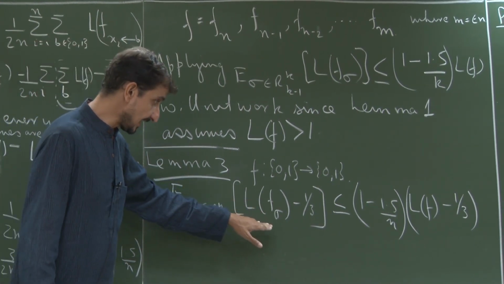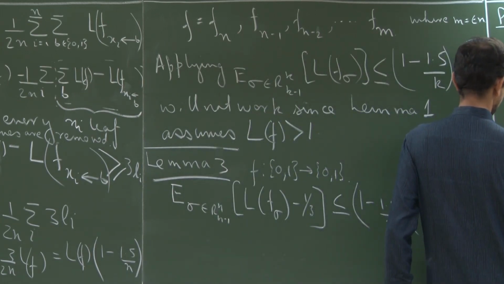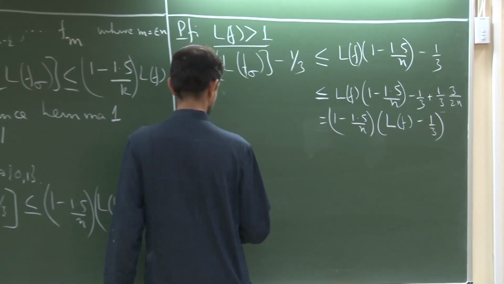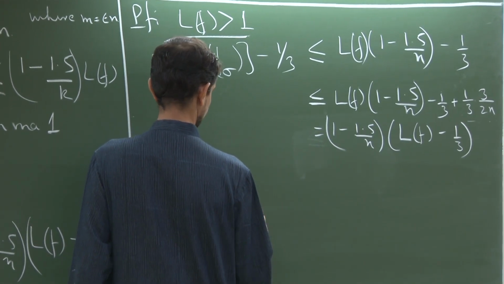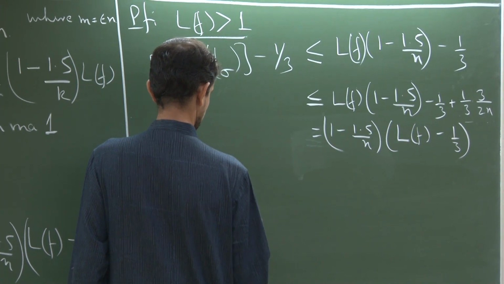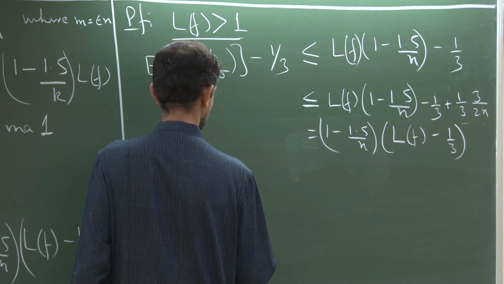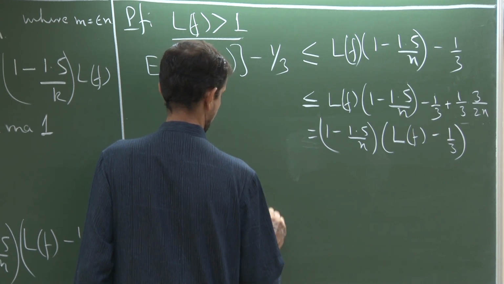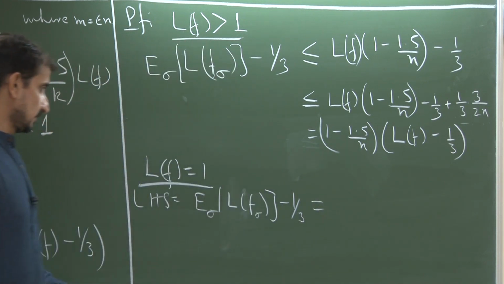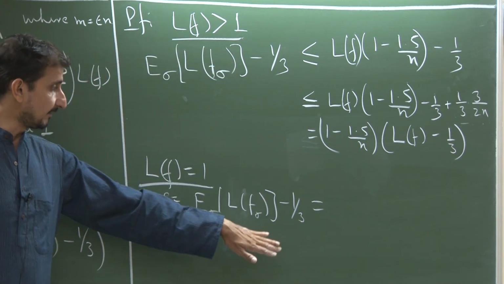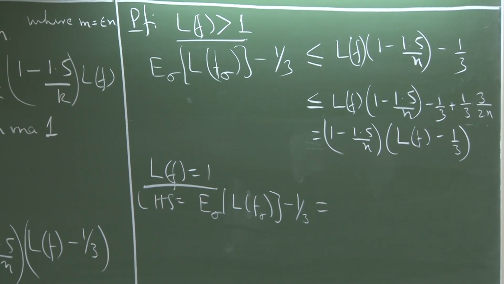If L of f equals 1, I can once again write this as expected value of L of f restricted, minus 1/3. What does this evaluate to? Just think for a moment.